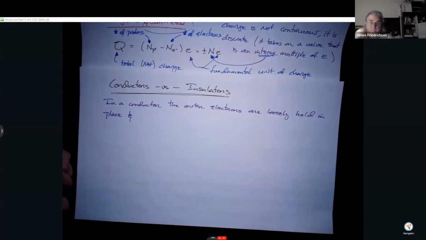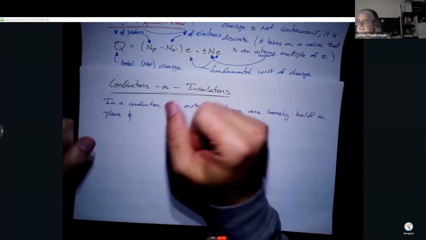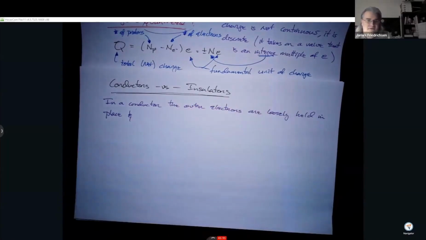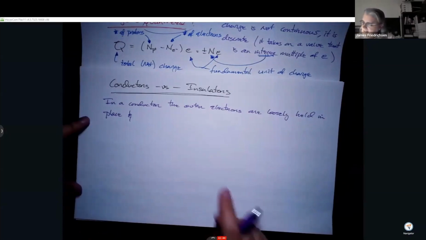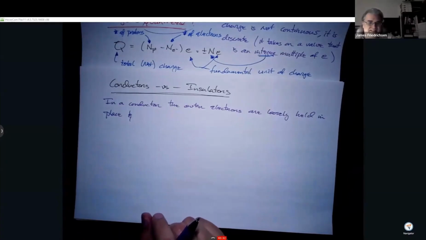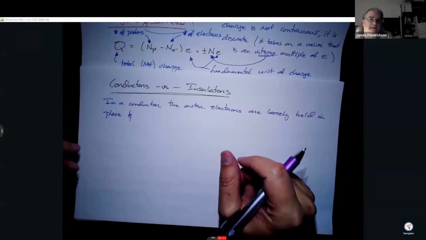And so what you can picture is that as you increase the temperature, they're going to wiggle even faster, which then means that they're going to in general move further apart, and they will often interact with each other more often. And so what'll happen is that due to this thermal motion of the atoms in the conductor, and they have these loosely held outer electrons, some of those electrons can get kicked out of a particular atom.